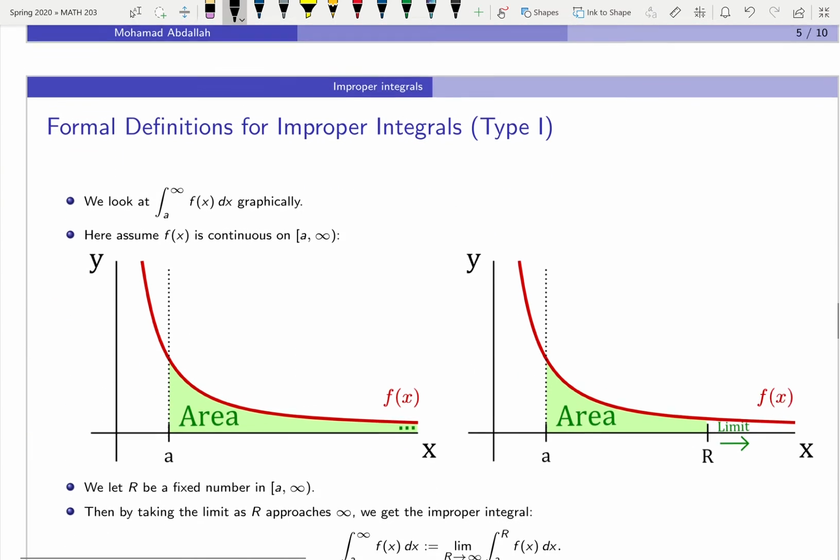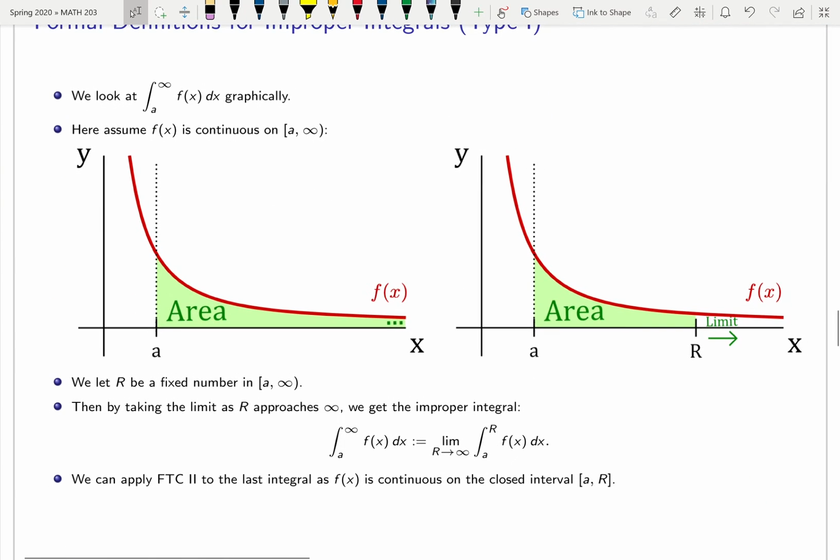Graphically, this really means the following. We are asked to find the integral from a to infinity of f of x dx. Basically, this is an infinite area. So what we do is compute the integral from a to r, where r is some variable, and our answer will be in terms of r.